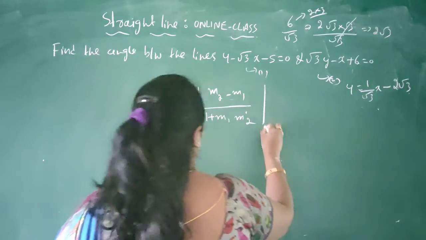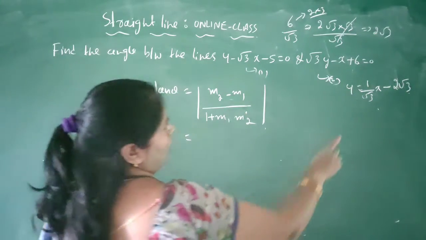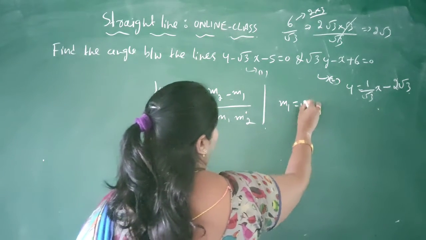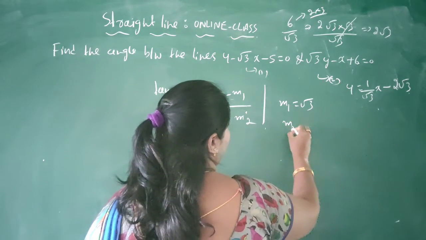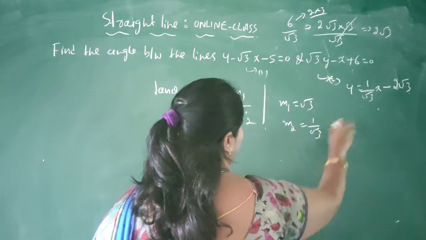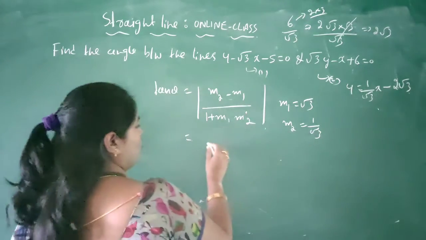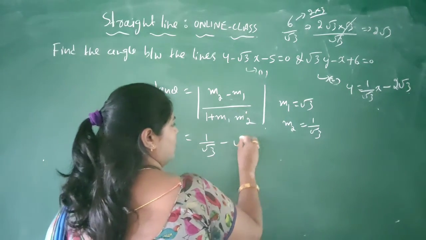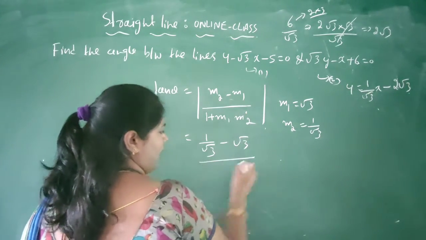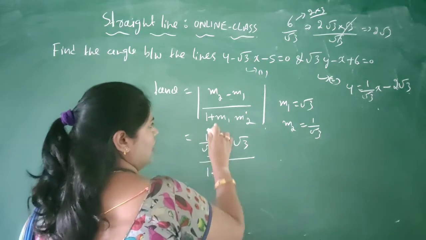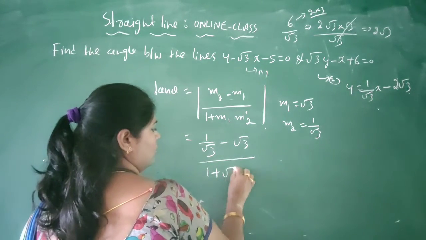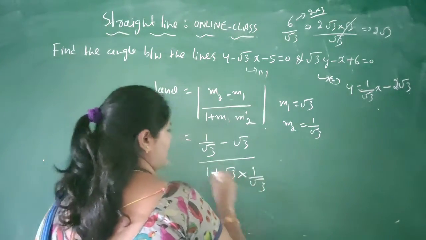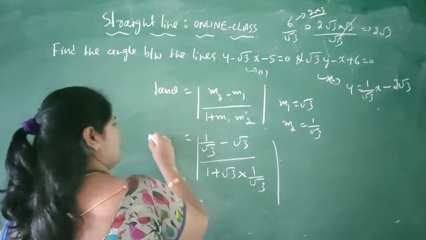So what is m2? m2 is 1 by root 3. m1 is root 3. So m2 is 1 by root 3 minus m1 is root 3, divided by 1 plus m1 m2, that is root 3 into 1 by root 3. So this is tan theta.